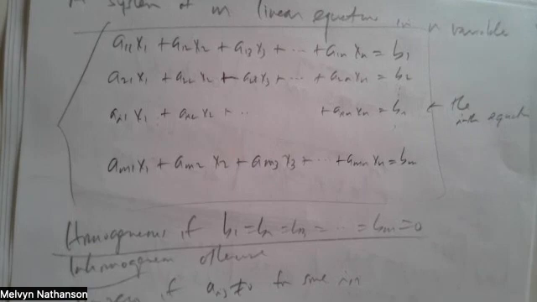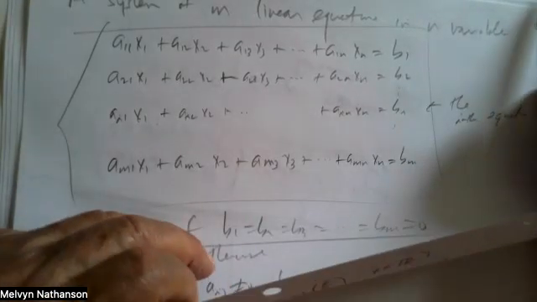Okay. And everything we said about vector subspaces and affine subspaces for a single linear equation carries over to the case of a system of equations.